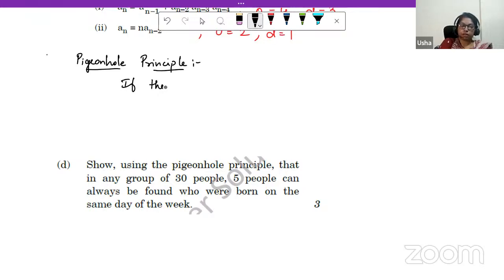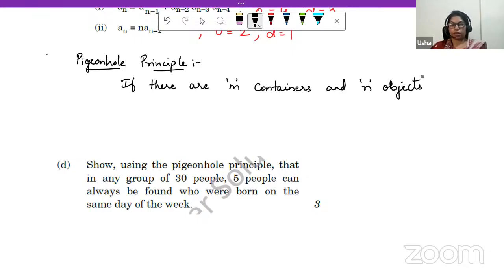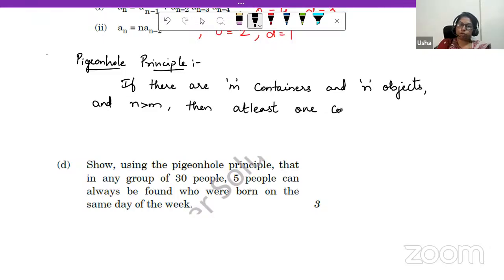Okay. So if there are m containers and n objects to be placed in those containers, with the number of objects more than the number of containers, then at least one container will have more than one object.